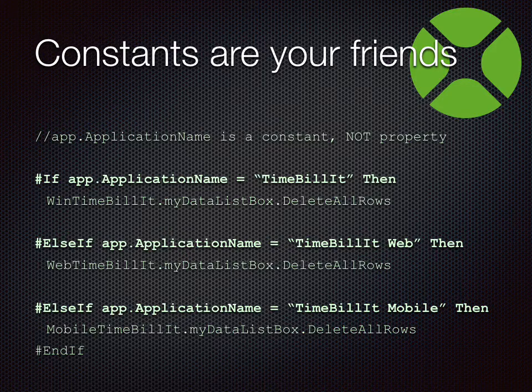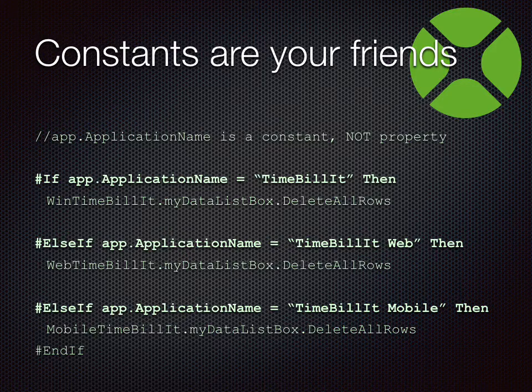So if you did, for example, have multiple applications that were using the same method, you could go, okay, if the application name is the desktop version or the web version or the mobile version, you can point them to a particular location within your code.